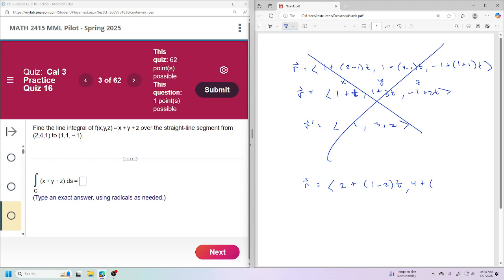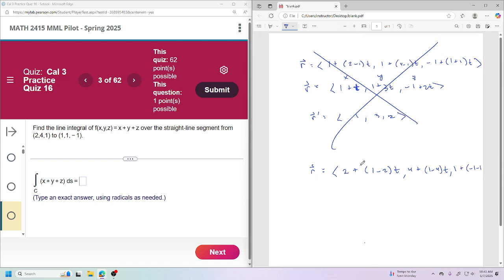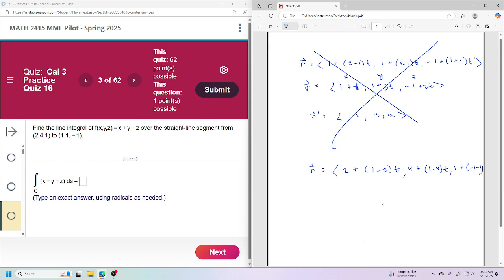4, and then I've got 1 minus 4, and then I've got 1, and negative 1 minus 1, t. I ran out of room. That's so bad. Anyways, let's do that.